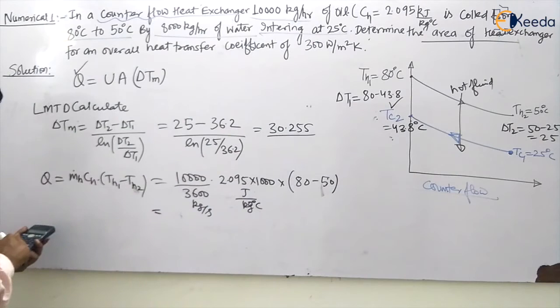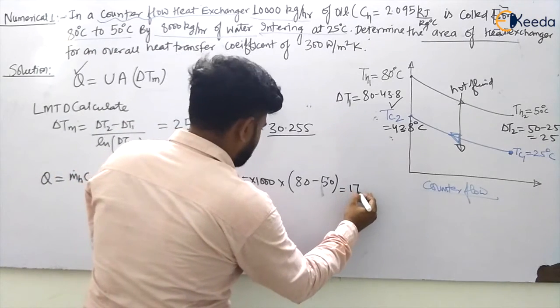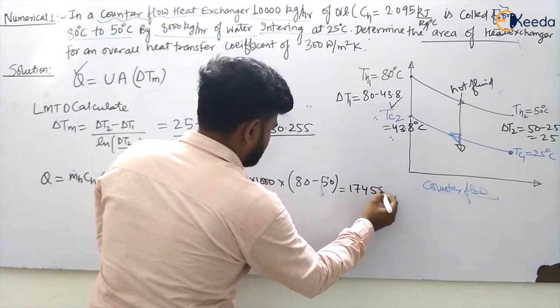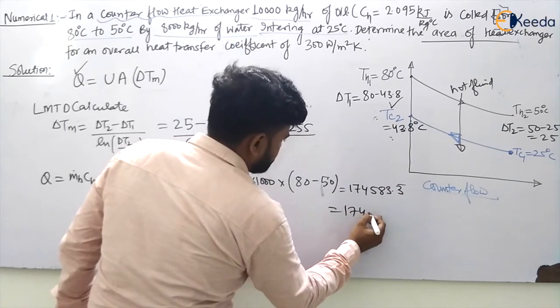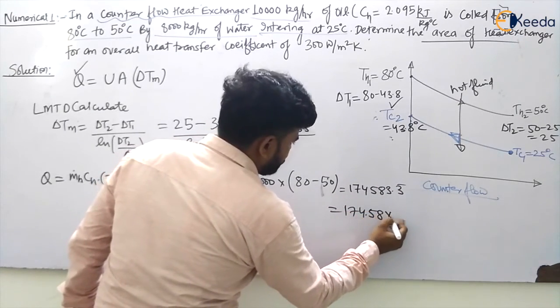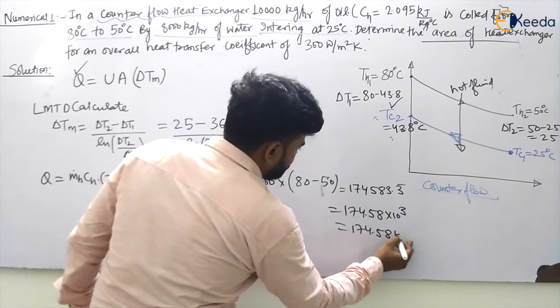So this will become 10,000 multiplied by 2.095 into 1000 multiplied by 30 divided by 3600. This will be 174,583.3 watt. So this will be 174.58 into 10 to the power 3. So this will be 174.58 kilowatt.